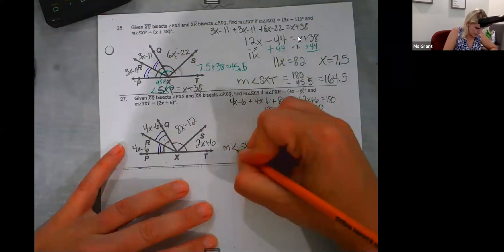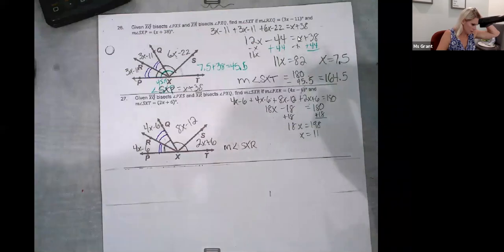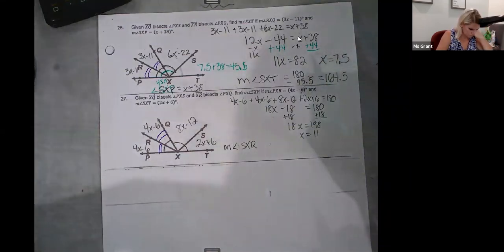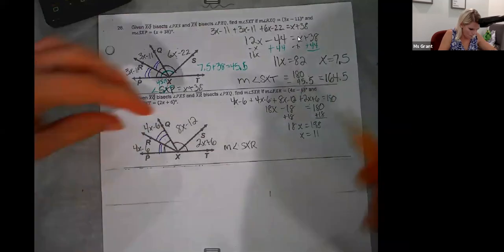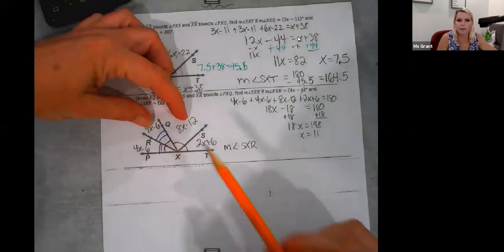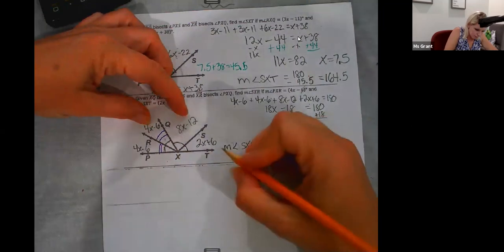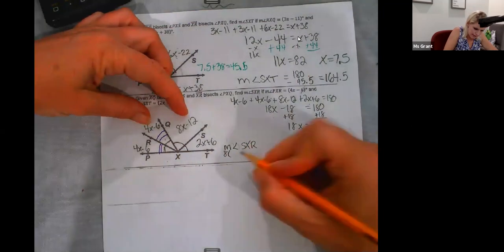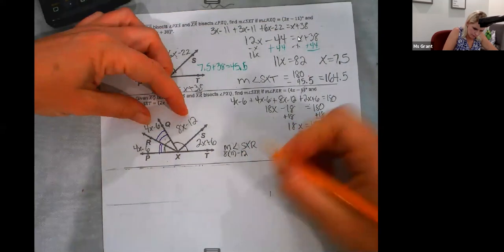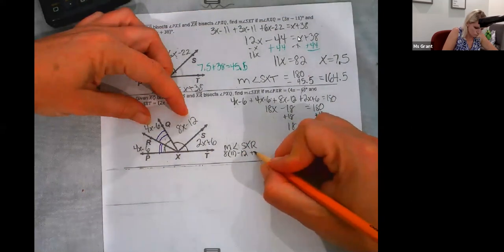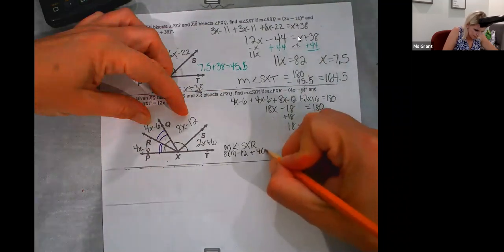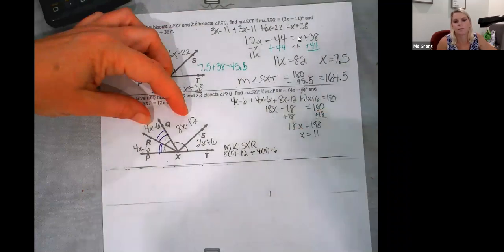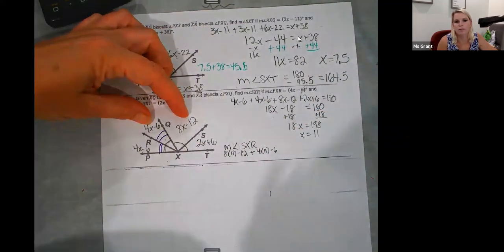The measure of angle SXR is made up of two angles. It's made up of 8x minus 12 plus 4x minus 6.